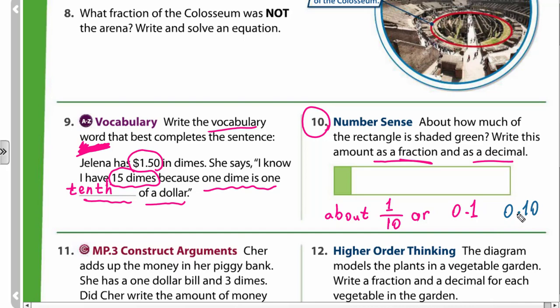Is this 1 whole? Okay, let's ask Malik. Malik, do you agree? Do you agree with this? Is this 1 whole?